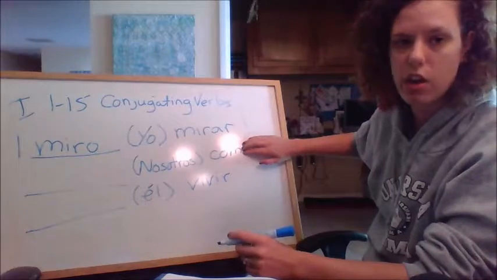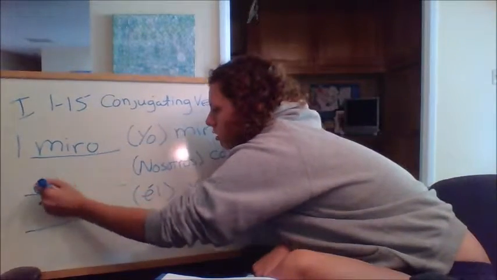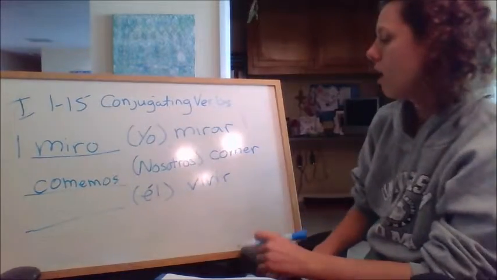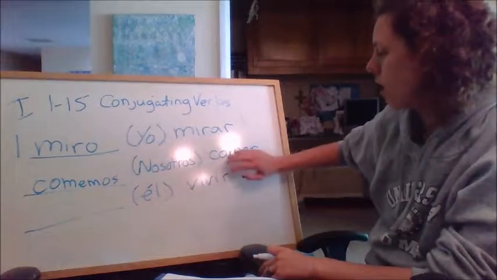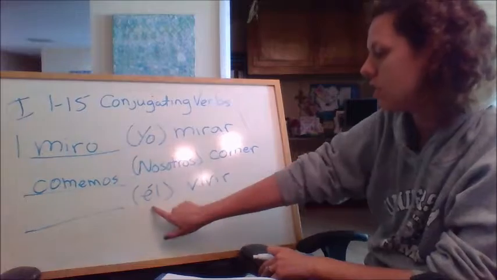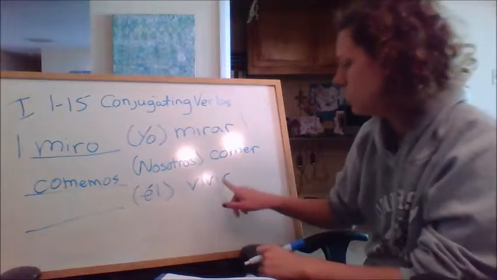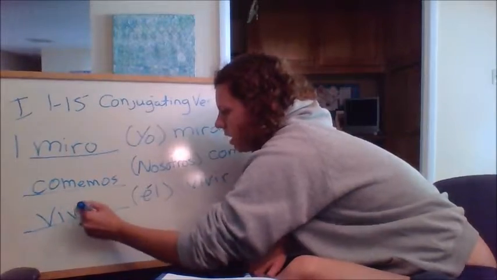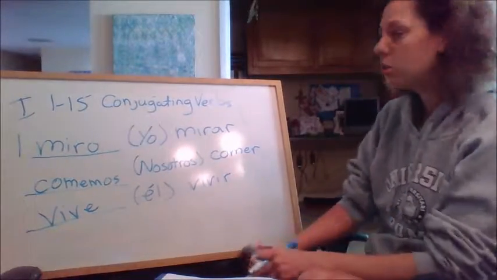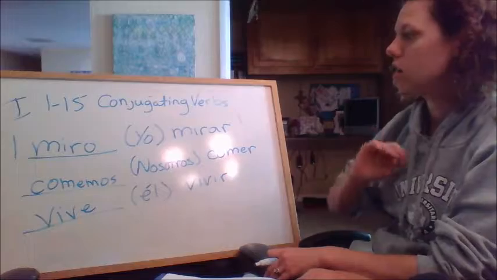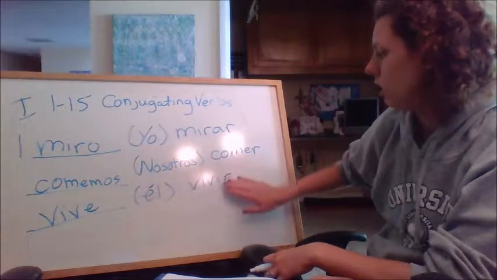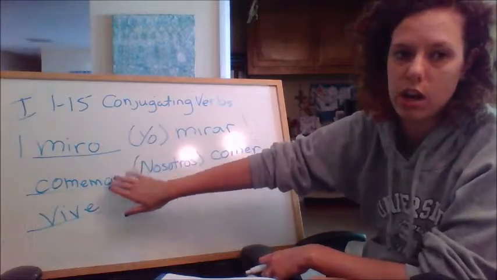So we take off the ER and it becomes comemos. Same thing here for IR. We take off the ending and find the ending that goes with él, which is an e. Vive. So that's what this section of the test is going to look like. It's all regular verbs. It's going to have a subject pronoun, a regular verb, and then you just have to conjugate it.